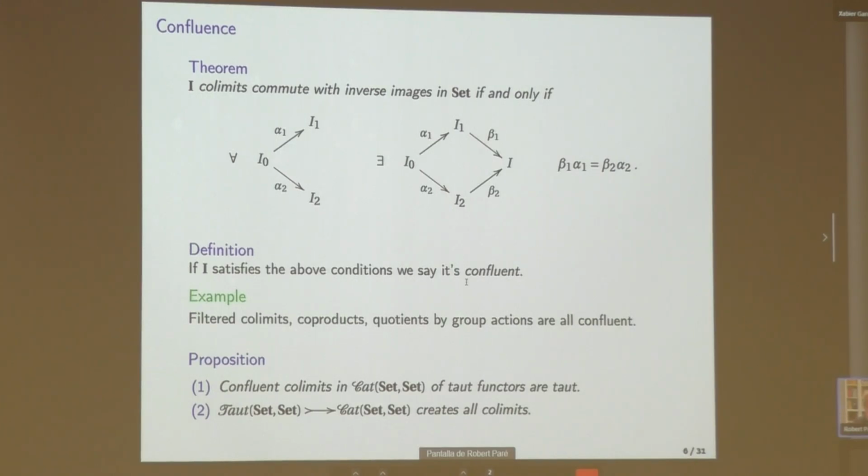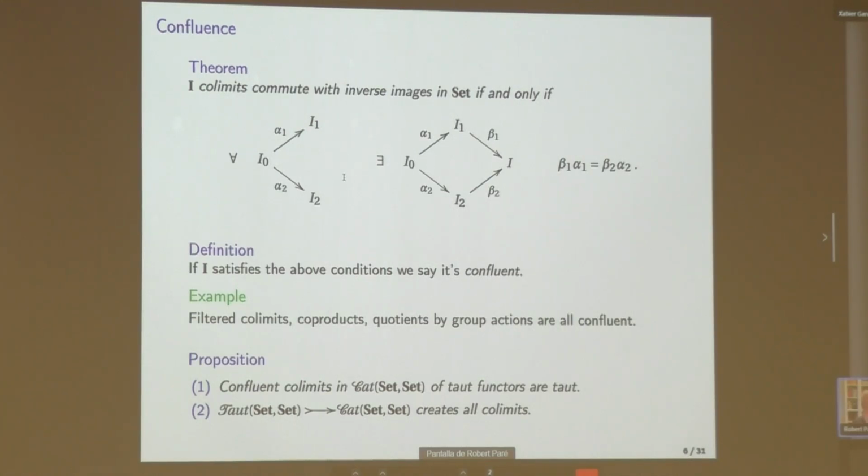They are those where the indexing category satisfies the following condition: any span in there can be completed to a commutative square. So I call these confluent colimits. This is easy to prove, but I haven't seen it anywhere in the literature. Maybe people never needed it. But anyway, I think this is a nice result.